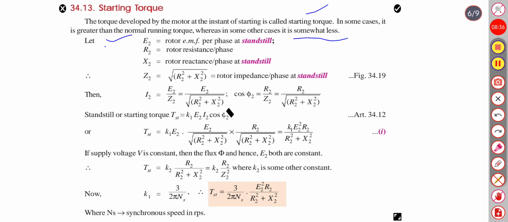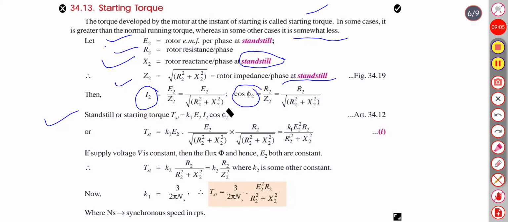Let E2 be the rotor EMF per phase at standstill, R2 the rotor resistance per phase, and X2 the reactance per phase at standstill. Then the impedance Z2 will be this per phase at standstill, and the rotor current I2 will be E2 by Z2, where the power factor cos phi 2 will be R2 by Z2.